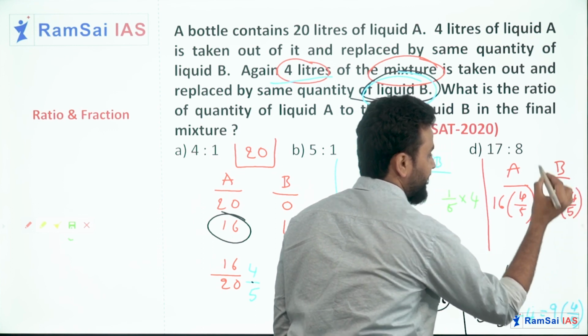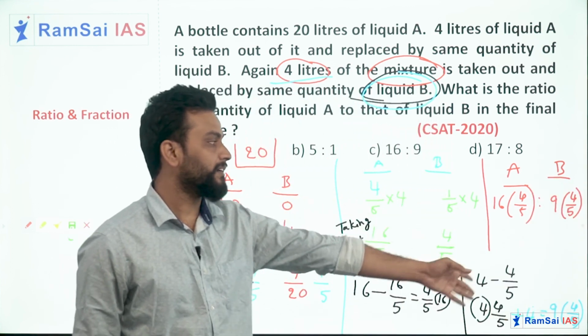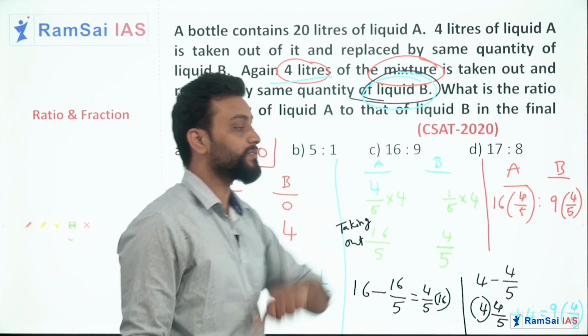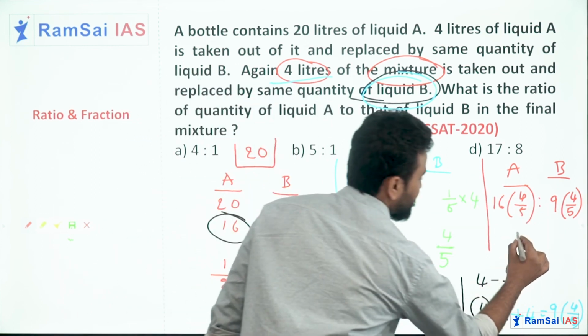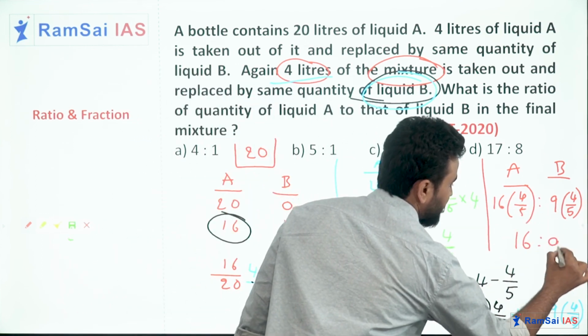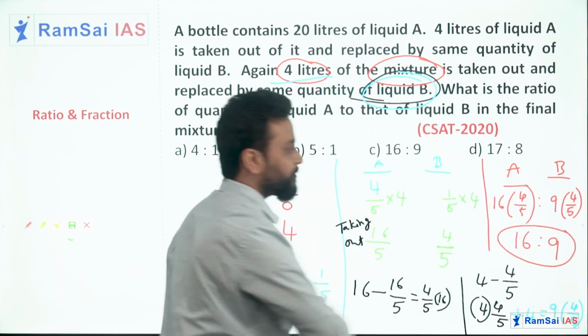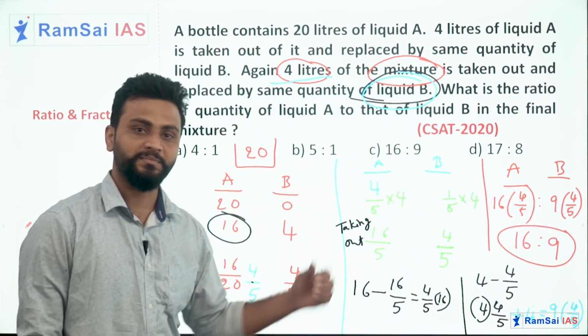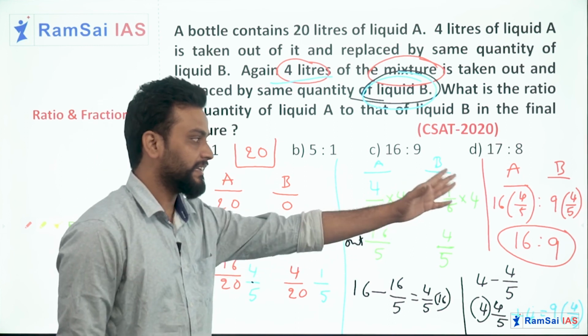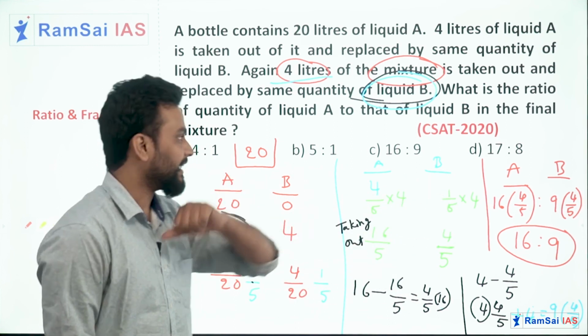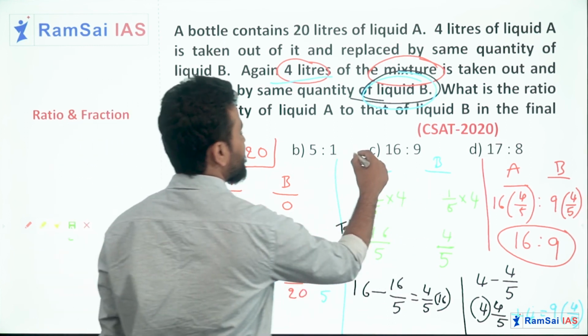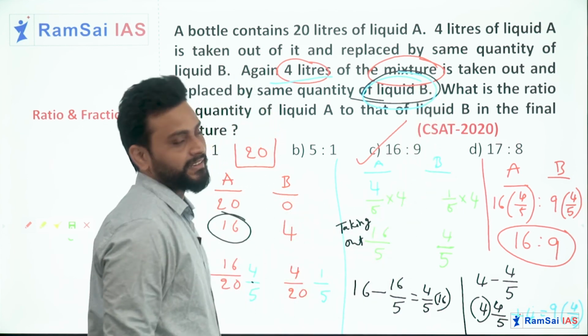And the ratio will be dash. Very simple. 4 by 5 will be cancelled on the two sides, and the ratio will be 16:9. Yes, this is the final amount we have in the mixture. Liquid A to B in the ratio 16:9. Can you find 16:9 in the options? Yes, option C is the answer.